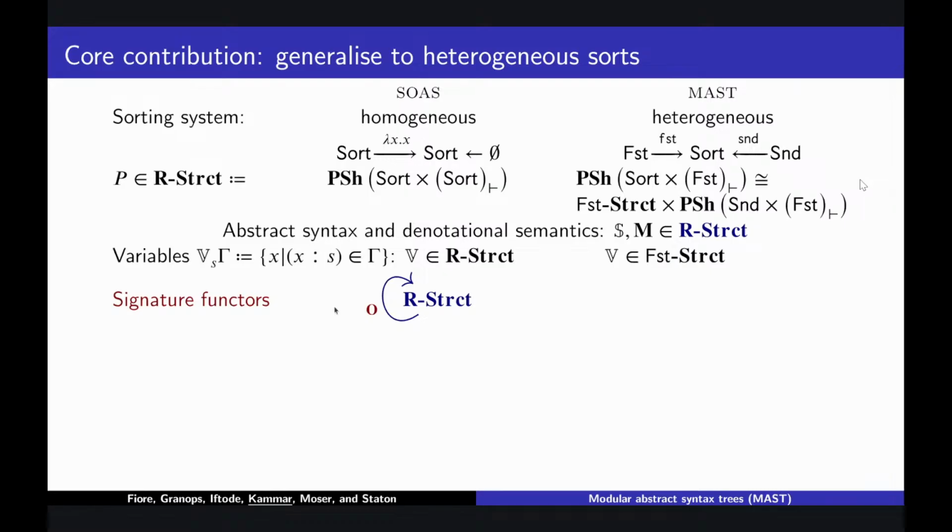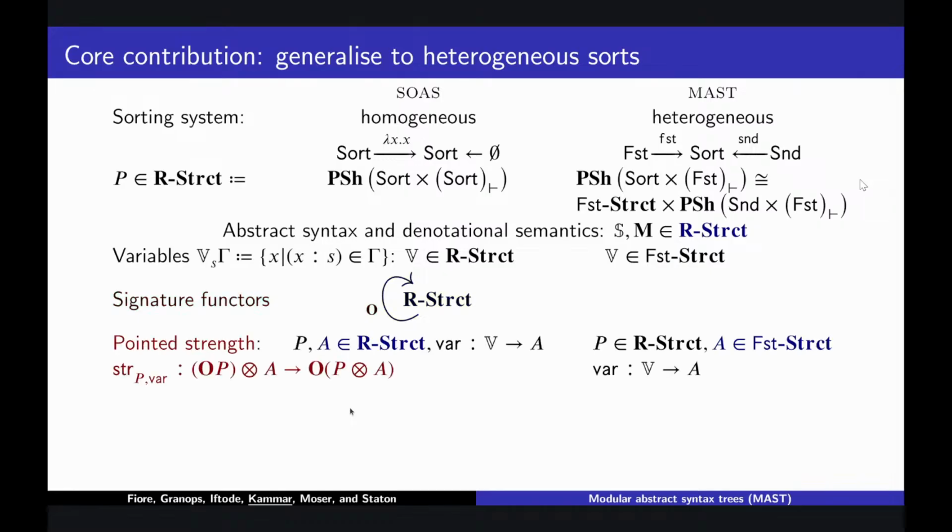What's special about this theory, and sometimes it gets squashed to the side, and I think this is the most central bit that gives you the modularity, is the pointed strength. If you go read the papers, it's actually quite hard to find it, but this is what makes everything tick. So when we get into the weeds, if I spend any time, I will spend it on that, because this is really what gives you the modularity.